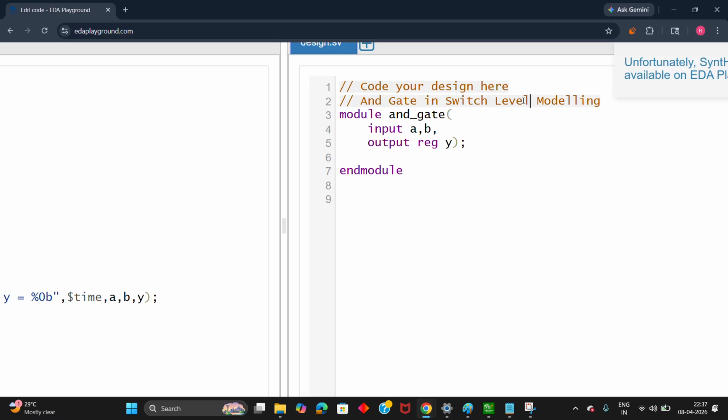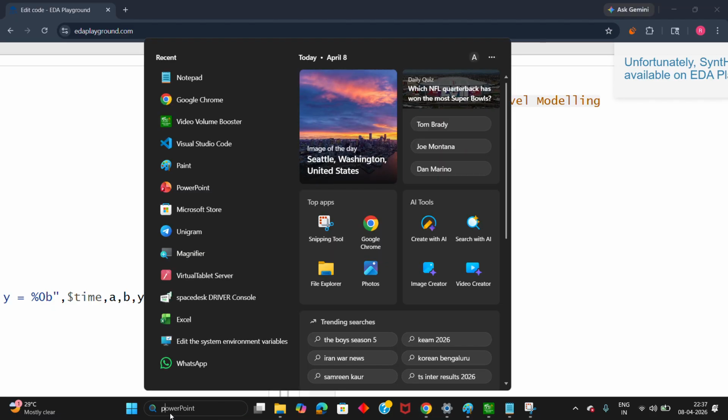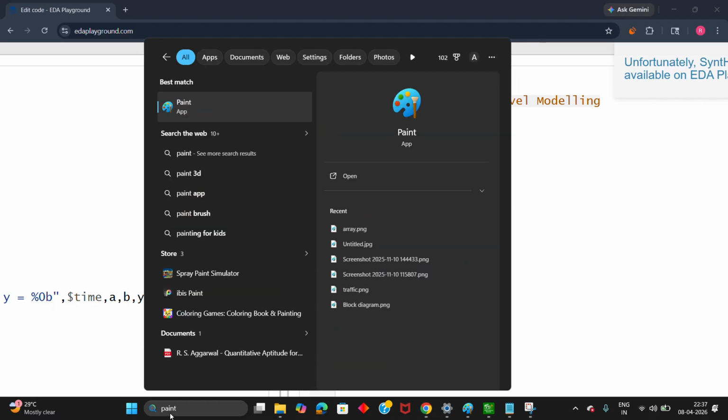For switch level model likewise we need to know how our design is arranged at the transistor level; you need to know that particular diagram. Let us discuss the theoretical part and come back to coding.